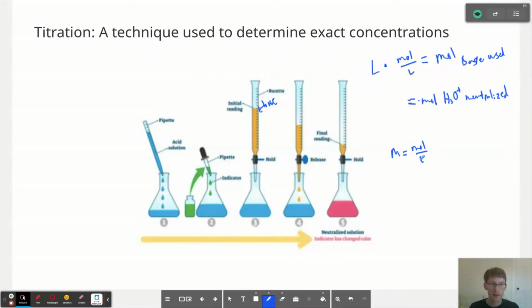And I can say that if I had an initial volume of the acid in the flask, and in that flask there were a certain number of moles that I neutralized, then I can calculate the molarity of that previously unknown concentration. It's a stoichiometry problem, and I'll probably make a video on that at a later time.